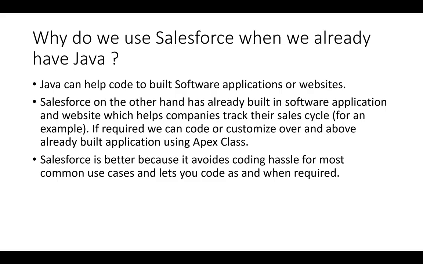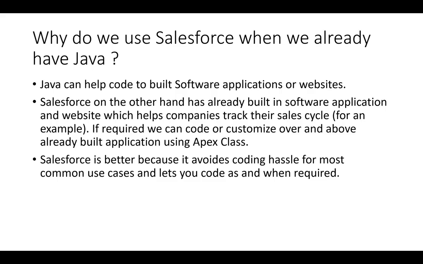Why do we use Salesforce when we already have Java? There are a few pointers. Java can help code to build software applications or websites. Till now we were using JSPs, Java Server Pages, which help you build a website.